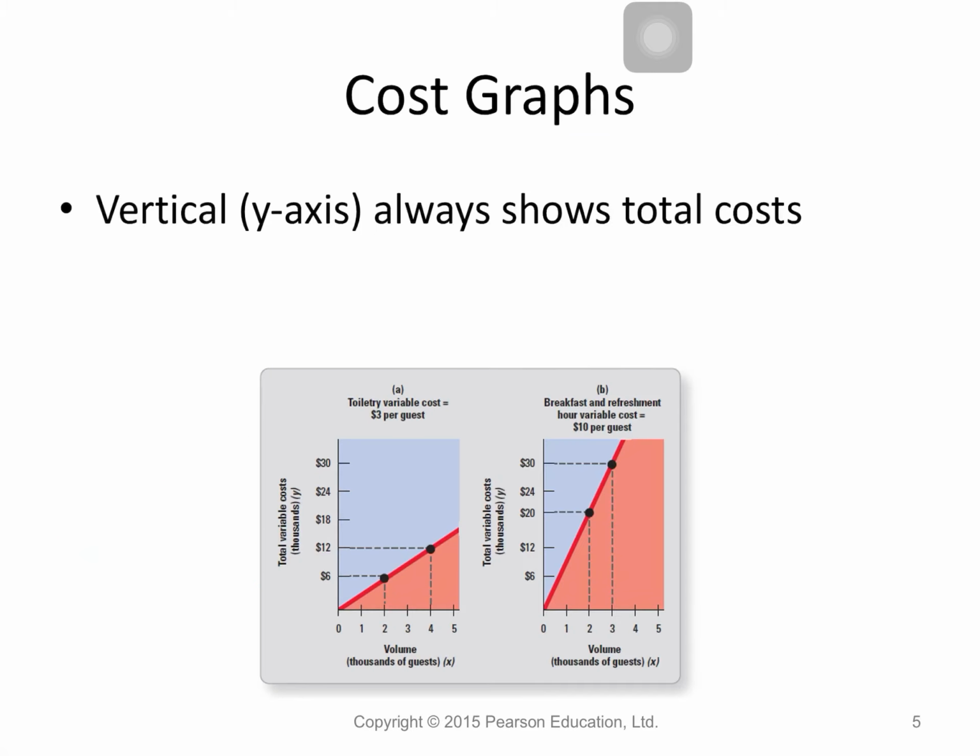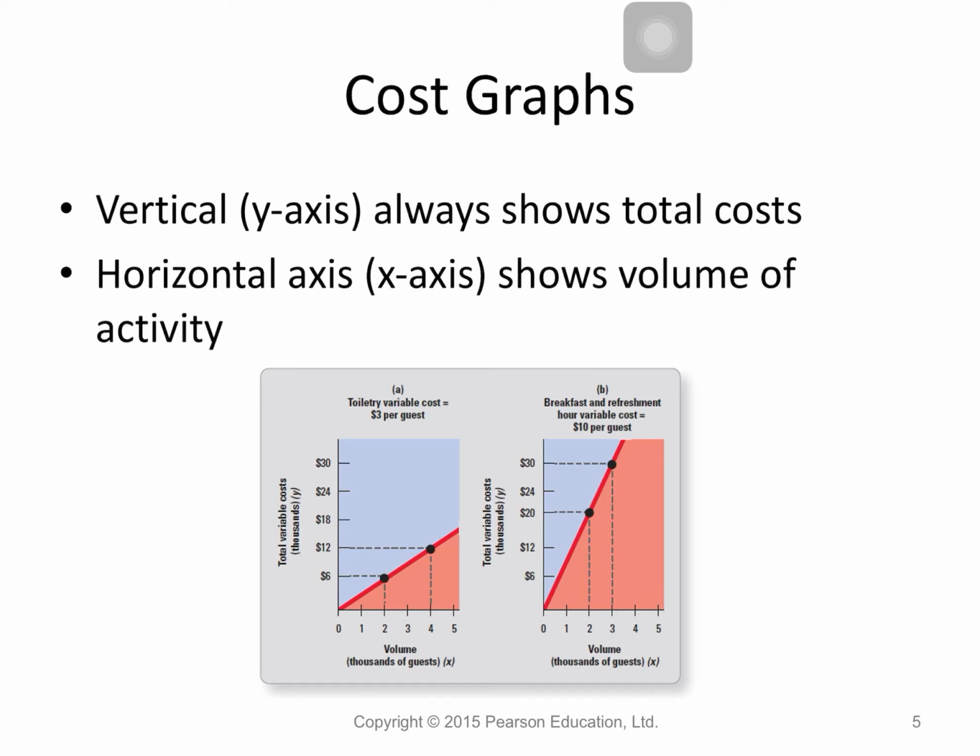This is the graph of variable cost. Remember that the vertical axis always shows total cost. This is y, this is vertical. And the horizontal axis, or x-axis, shows volume of activity, or the quantity.